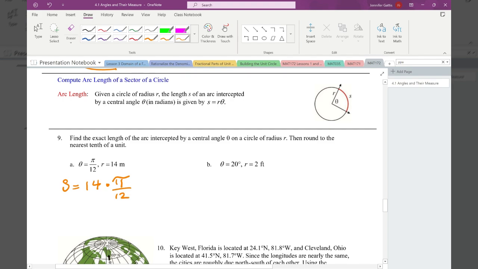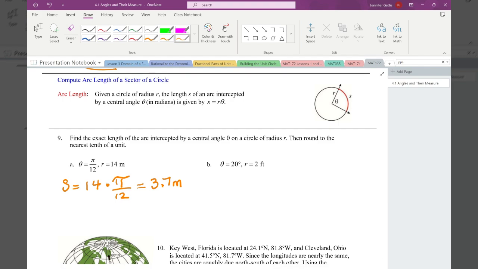Okay, so if we have 14 times pi divided by 12, and we want to round this to the nearest tenth of a unit, this would be 3.7 meters. It is important to have the units included.